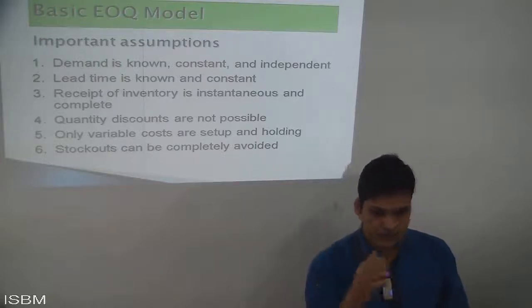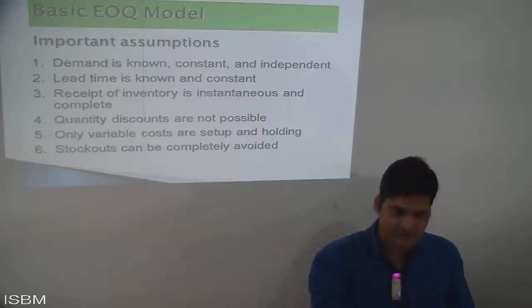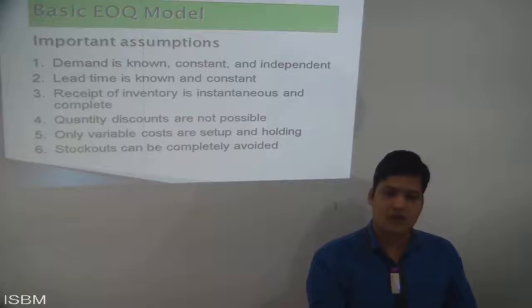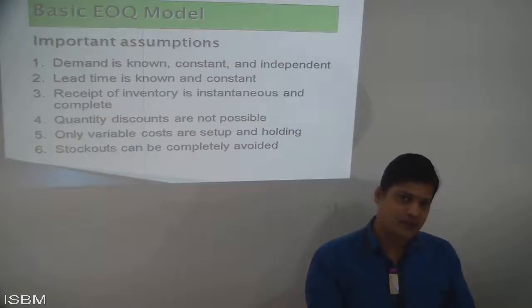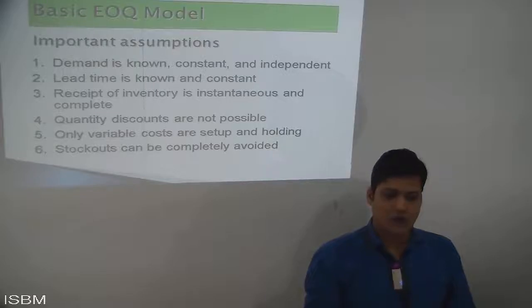Receipt of inventory is instantaneous and complete. Quantity discounts are not possible. No discount is possible. Only variable costs are setup and holding. Holding cost is very important because holding cost is required in EOQ. Stockouts can be completely avoided.